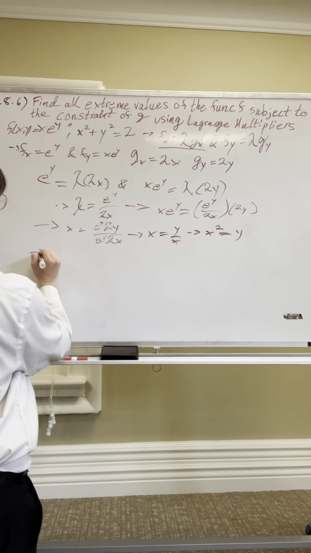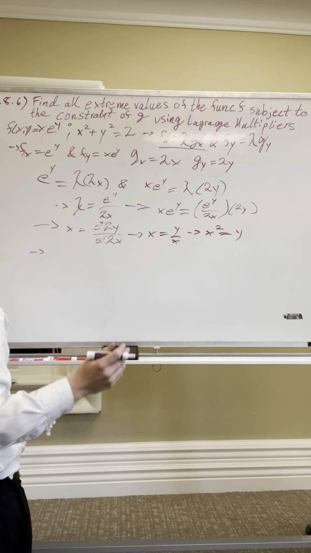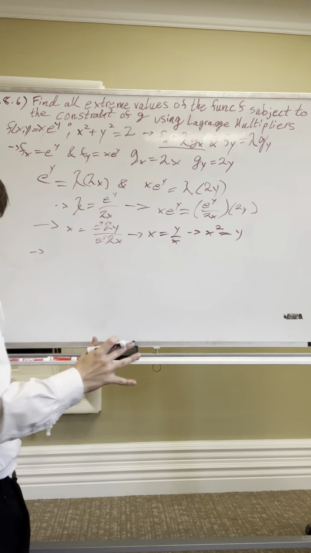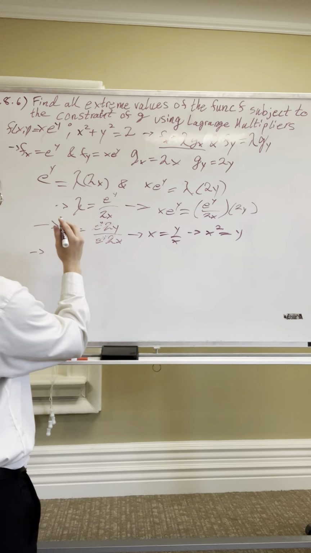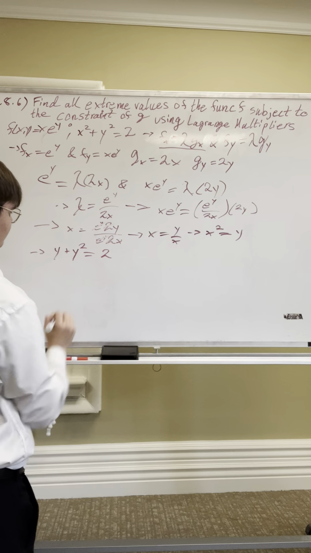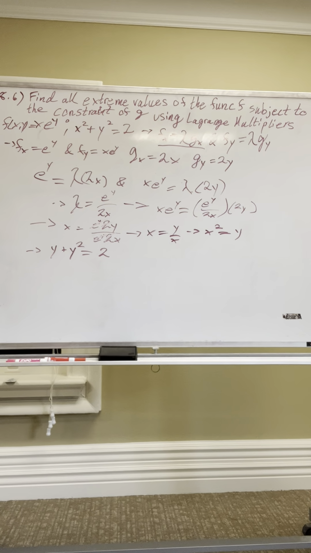Now that we have that, we're going to plug that into our constraint equation. Now that we have a value of x or y, we can plug it in. So x squared plus y squared equals 2 turns into y plus y squared equals 2.